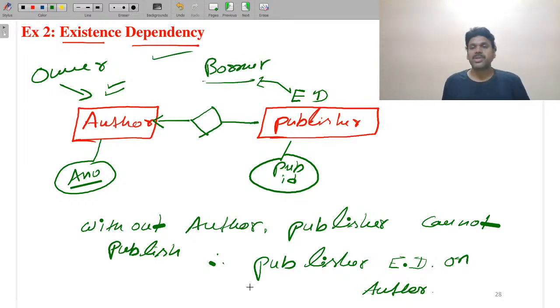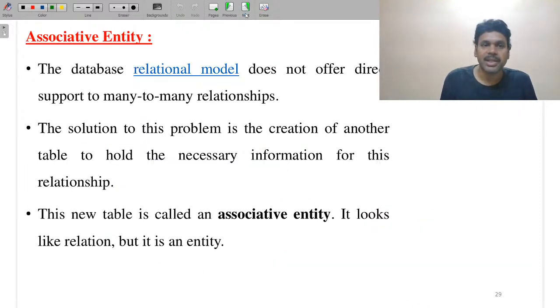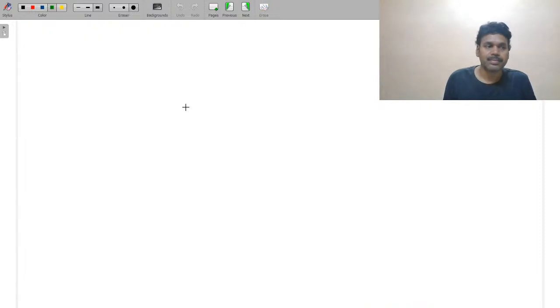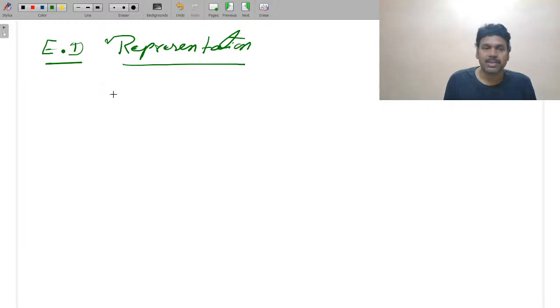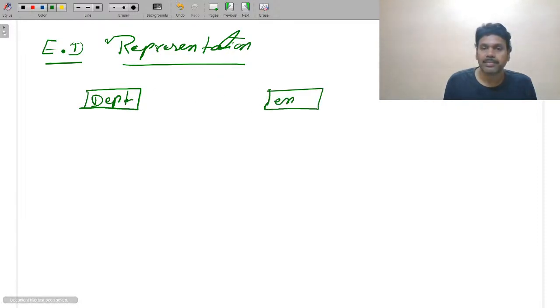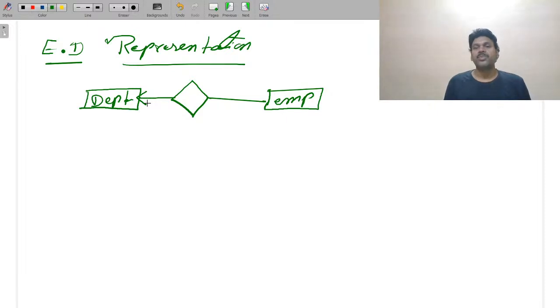So how are you going to represent existence dependency? Existence dependency can be represented in different styles. The first style is like this: department and employee, and the relationship among them. This is the relationship symbol, and this is one way of representing existence dependency.